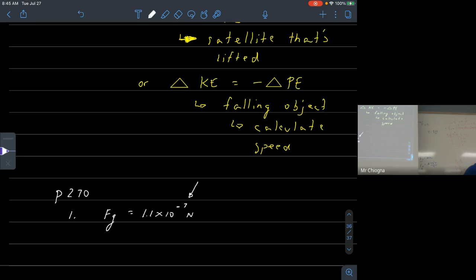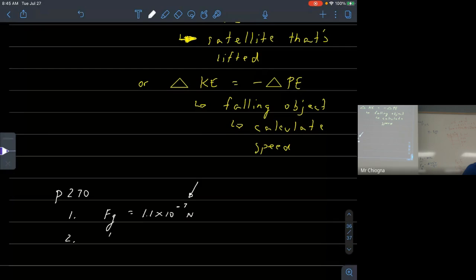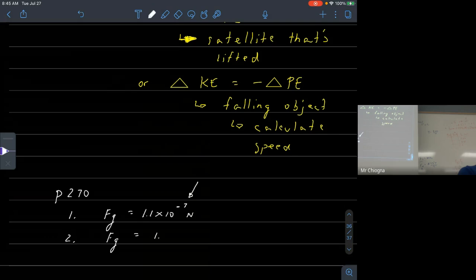It does exist, but very, very little. 2, force due to gravity. Now we're dealing with larger forces because this is between the Earth and the Moon. That's when the forces become apparent for gravity. This is 2.